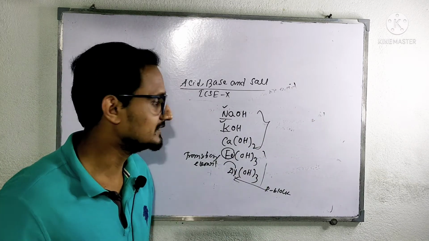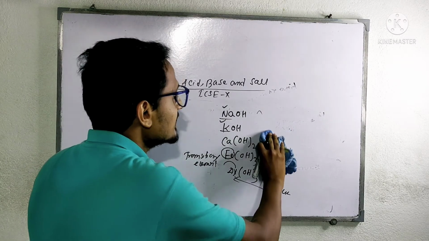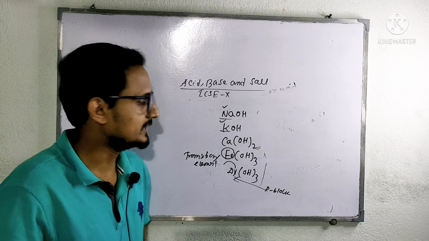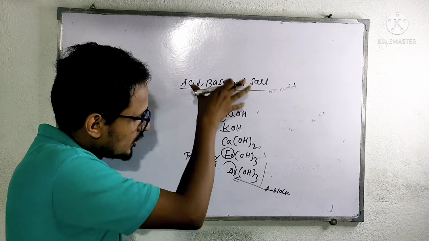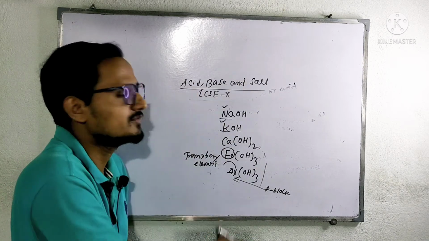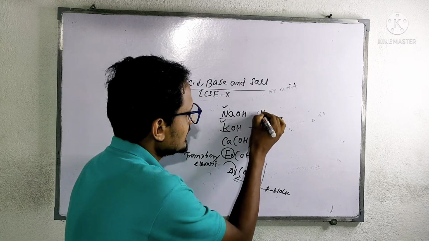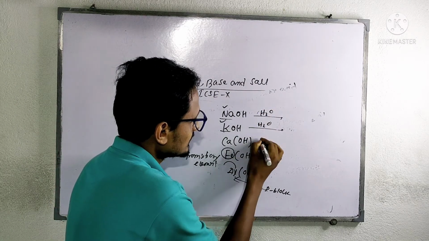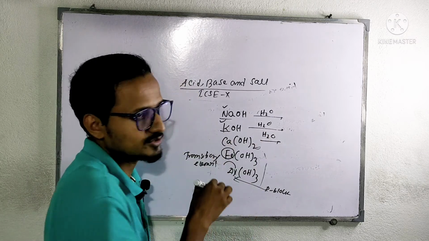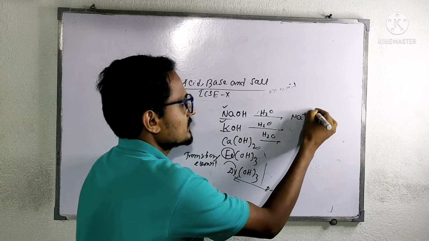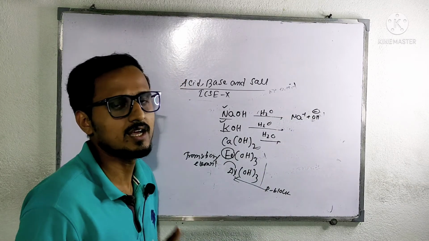We have seen that these bases can dissolve in aqueous solution. These all are bases, but out of these 5 that I have written here, only the top 3 can easily dissolve in aqueous solution to form, for example, Na plus and OH minus. They dissolve totally, with no undissolved form.